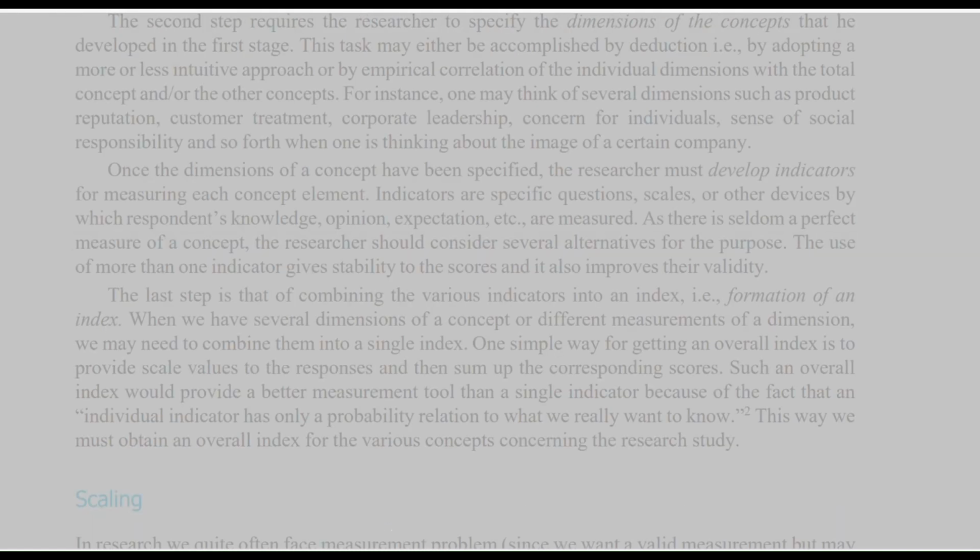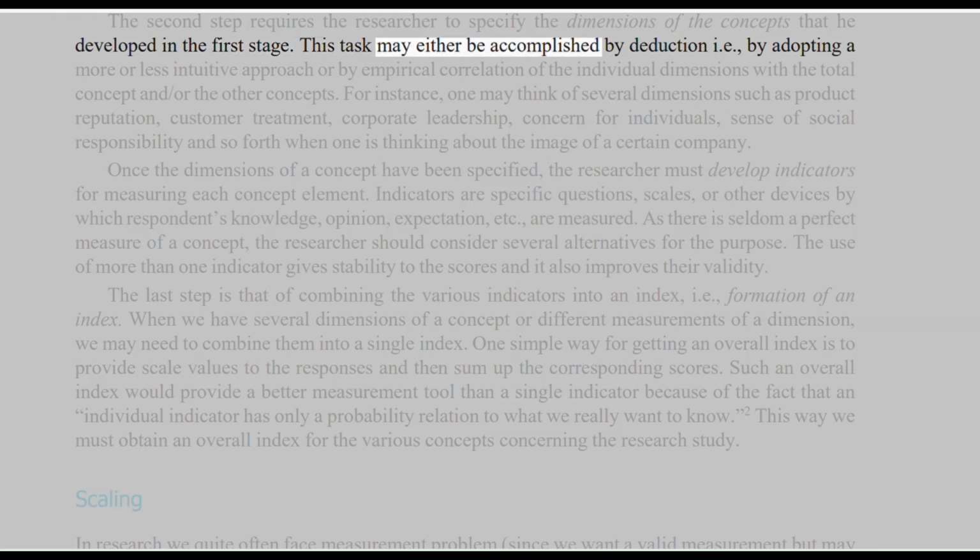This step of concept development is more apparent in theoretical studies than in the more pragmatic research, where the fundamental concepts are often already established. The second step requires the researcher to specify the dimensions of the concepts that he developed in the first stage.